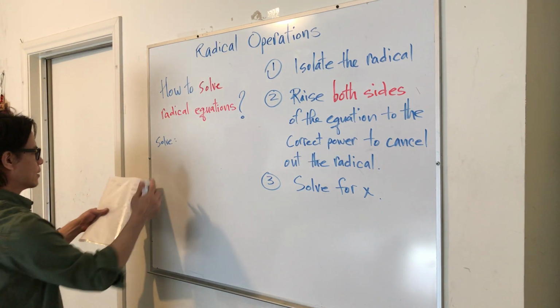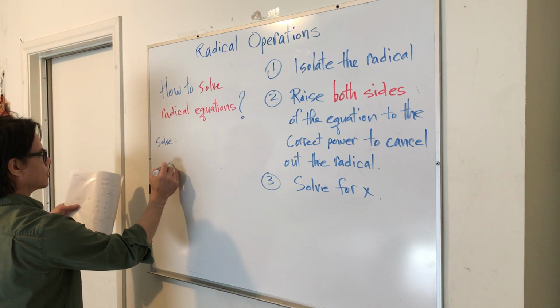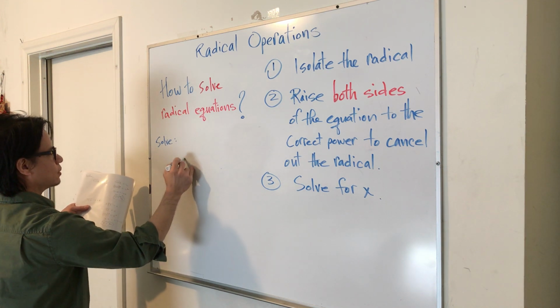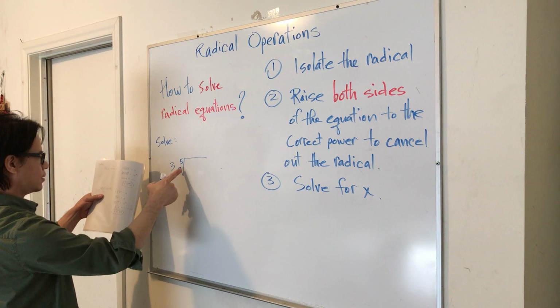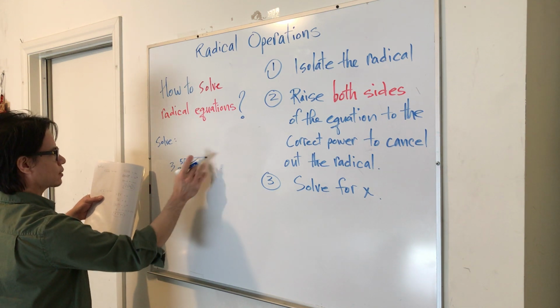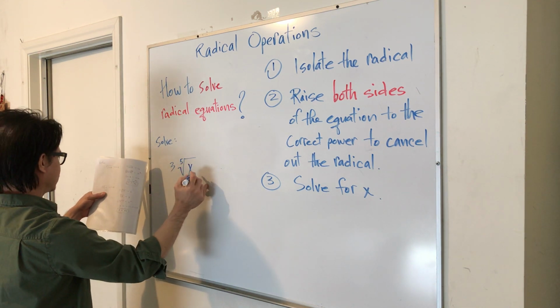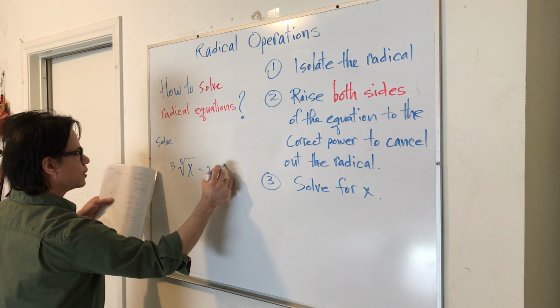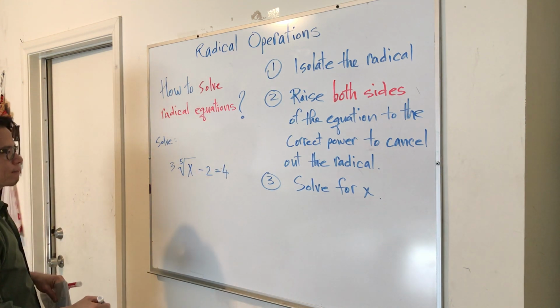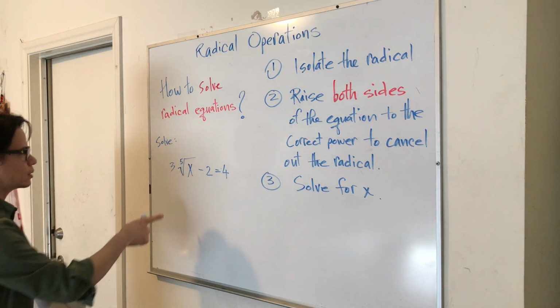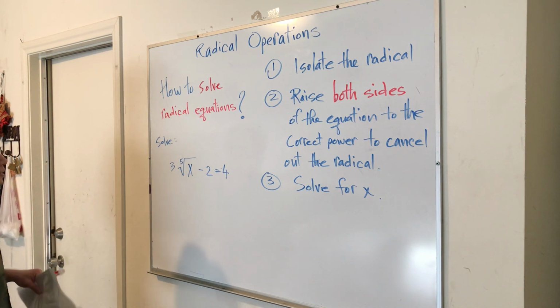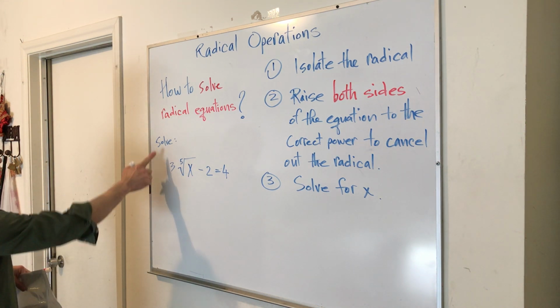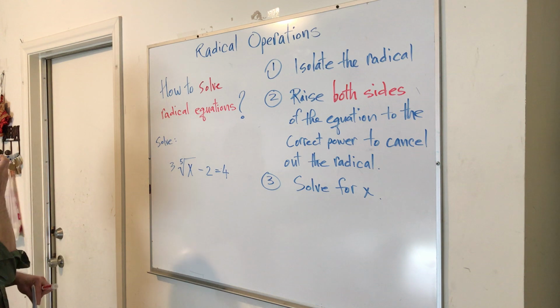So here we have 3 times the 5th root of x minus 2 equals 4. You're trying to find out what x is because you're asked to solve this equation.